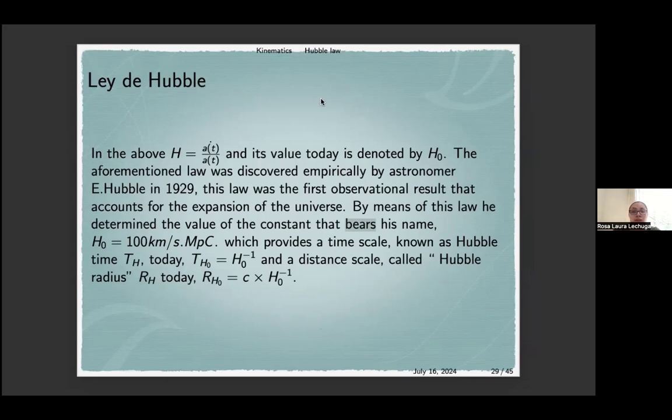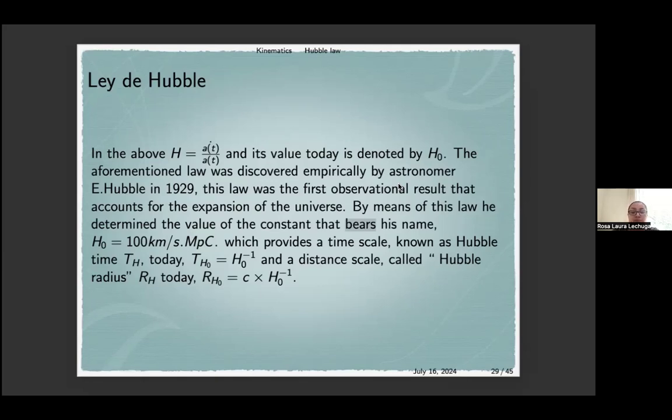What I try to say is, in cosmology we have a quantity known as the Hubble parameter, or Hubble constant, which codifies the expansion of the universe.